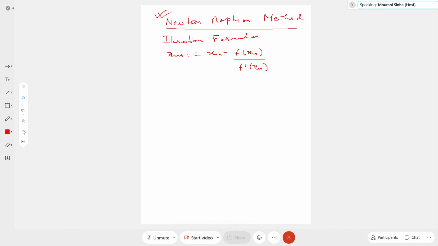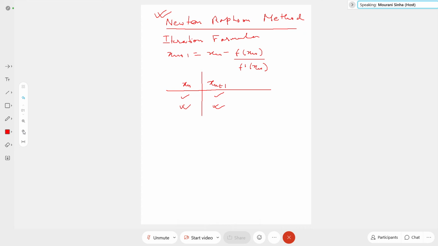That means in this case, you just need two columns to begin with, xn and xn plus 1. So we will start with a given xn value and we get the next xn plus 1 value. Whatever I get here, I put it here. Again, I compute, I get the next xn plus 1 value. So this is how the Newton-Raphson method goes. Okay.